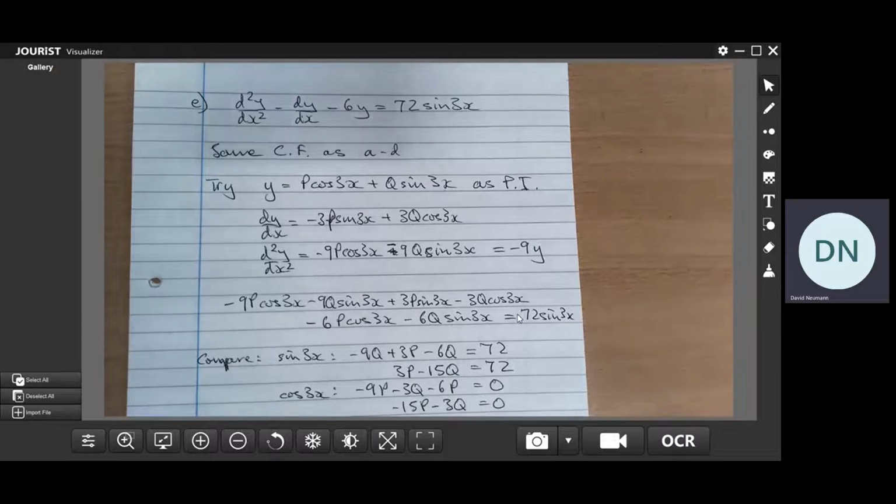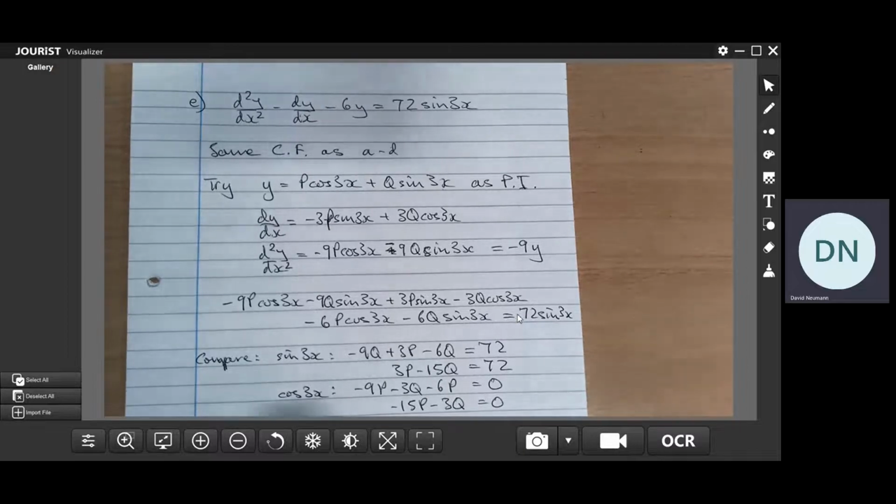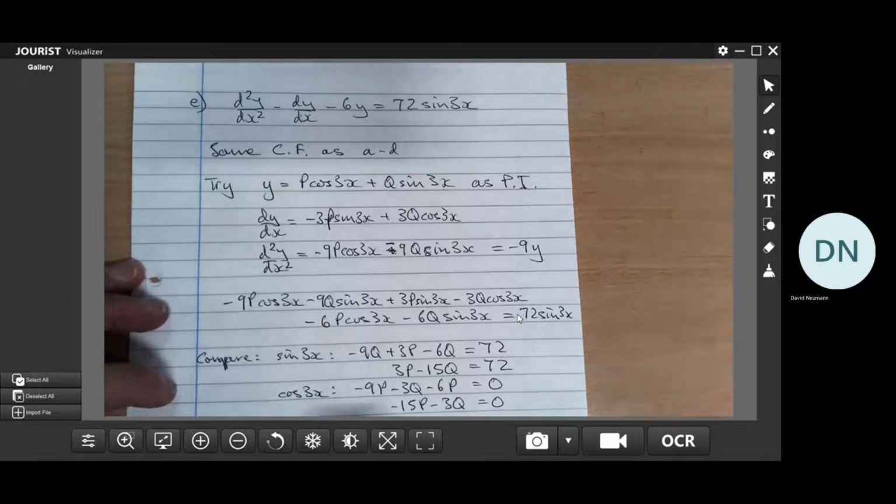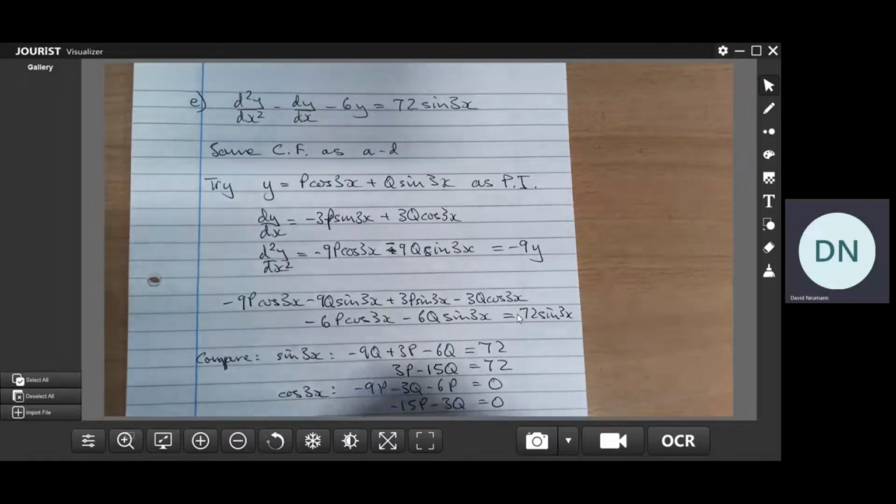Then if we multiply the top one by 5 and we add, we're going to get 26p, aren't we?